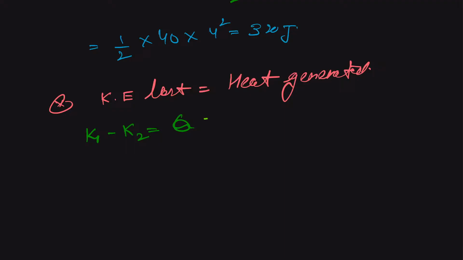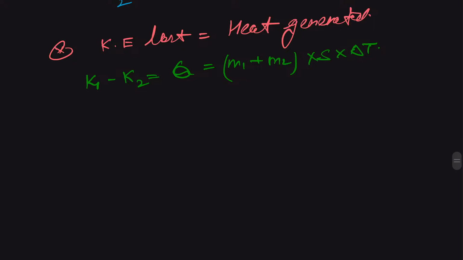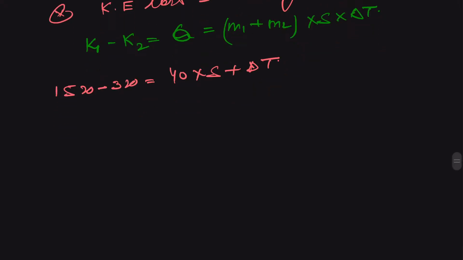Q is our m1 plus m2 multiplied by the specific heat and change in temperature. And so we get this as our difference: 1520 minus 320 is equal to m1 plus m2, which is our 40, times s times delta t, and it is done now.